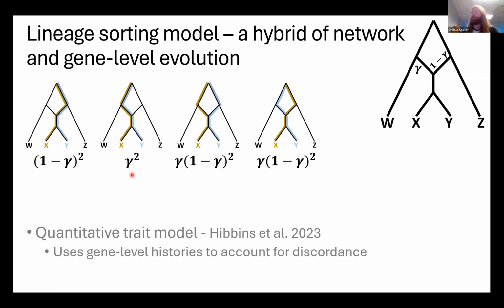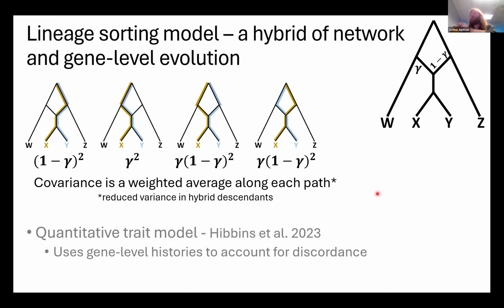These probabilities are dictated by the inheritance probabilities of the network, and these represent the proportion of genetic material that is contributed from each parental lineage. A couple things we might notice is that in this model, covariance is essentially a weighted average along all of these paths, where the weights are the probabilities.